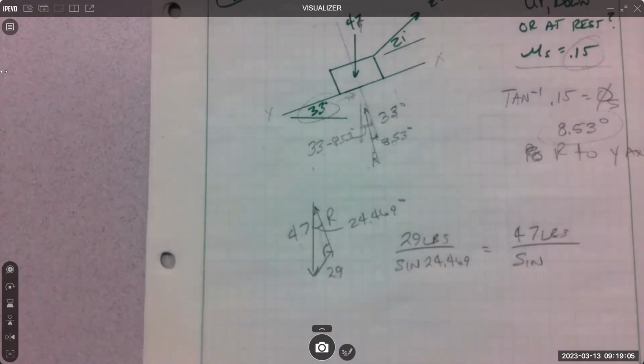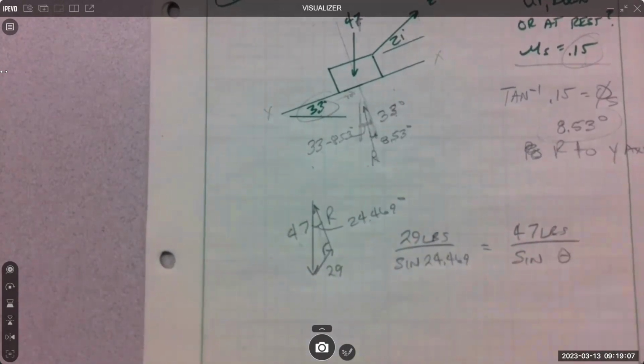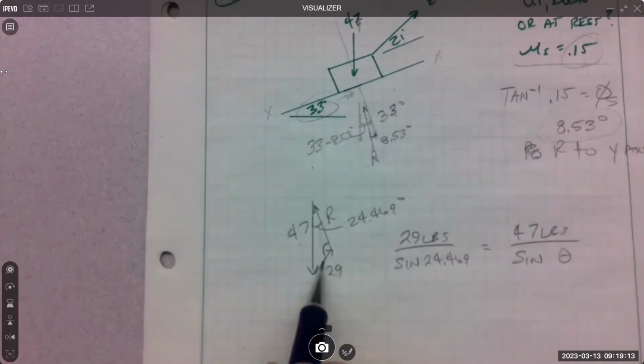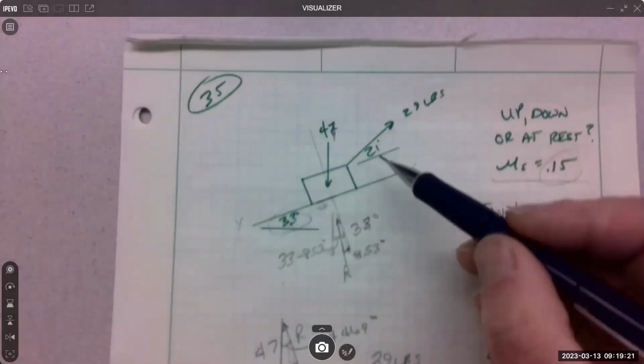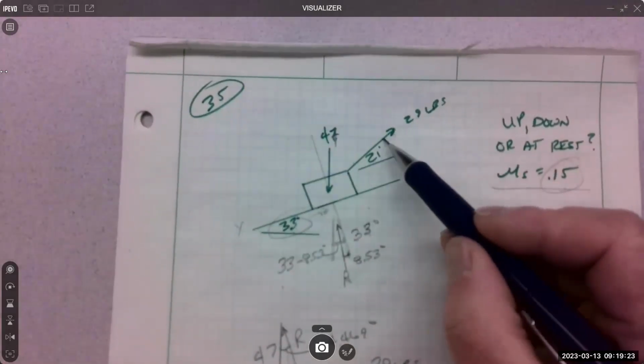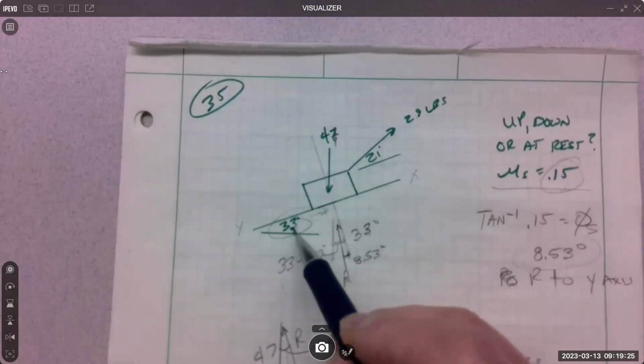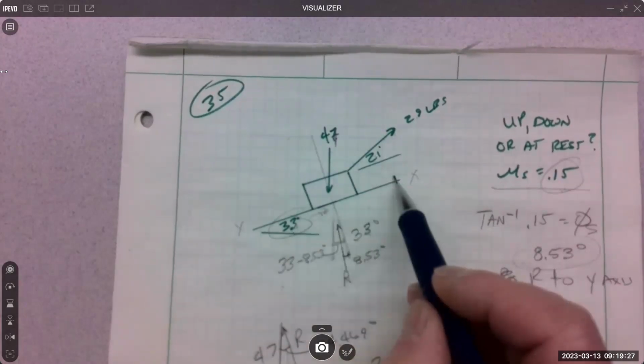How do you know exactly that 29 is? How do I know the 29 is here? I don't know this angle. I know it's at 21 degrees, right? And I know that 33 is the slope.